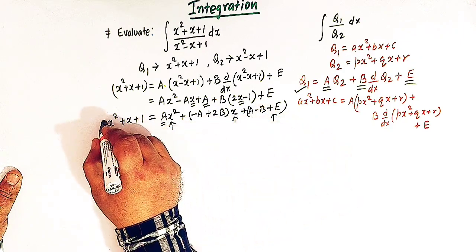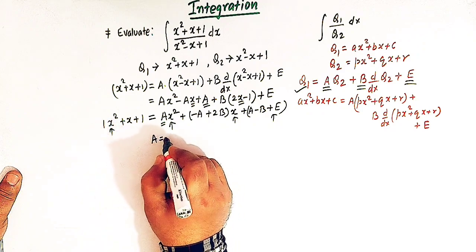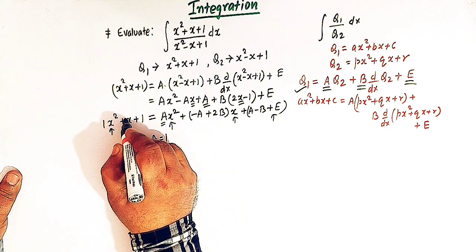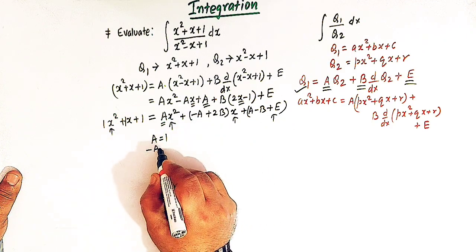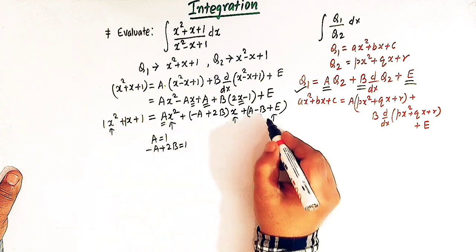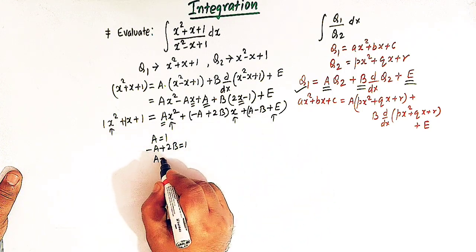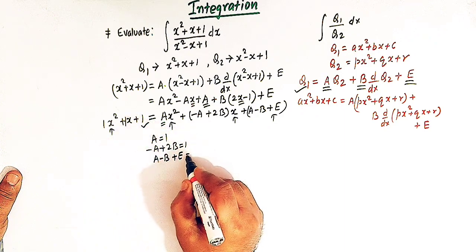So the coefficient of x square is 1, so we have a is equal to 1, and the coefficient of x is 1, so we have the equation minus a plus 2b is equal to 1, and the constant term gives a minus b plus e equal to 1, right?